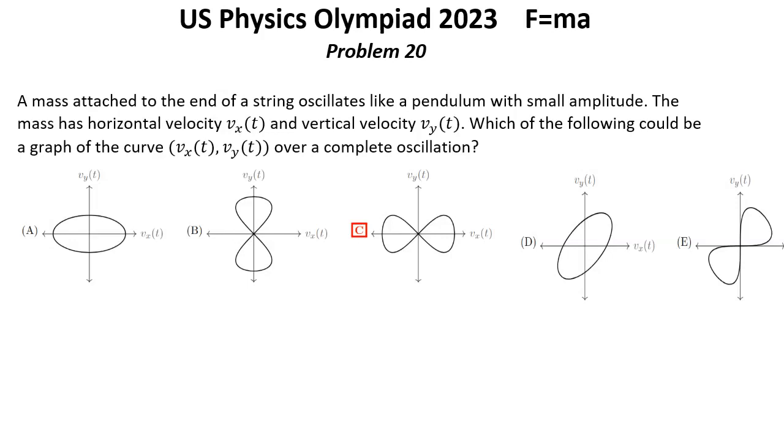When it reaches the maximum displacement, vertical speed is 0, and when it hits the equilibrium position, that would be twice. Again, vertical speed is 0. So that's the answer C for question number 20. And that was the solution for problem number 20.